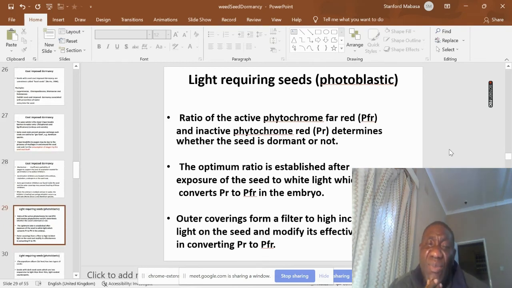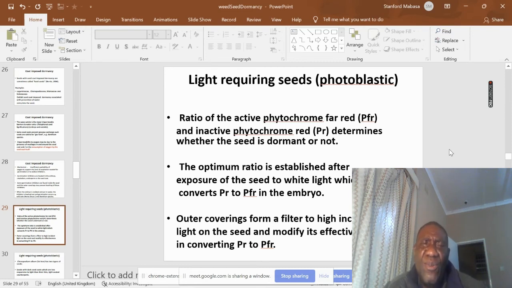Now, I wanted to move on and talk about light requiring seeds, which are said to be photoblastic. Now, what really controls the germination process is the substance known as phytochrome, which is found in the seeds.